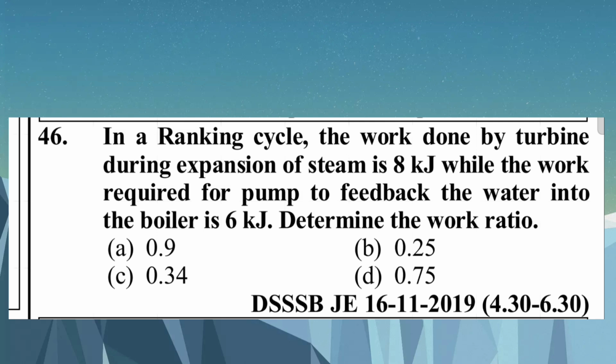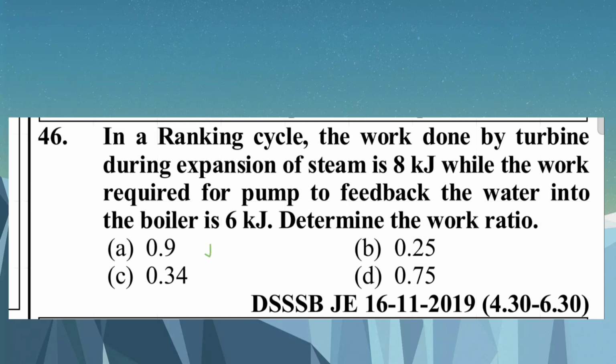Question number 46. In a Rankine cycle, the work done by the turbine during expansion of the steam is 8 kJ, while the work required for the pump to feed the water back into the boiler is 6 kJ. Determine the work ratio.